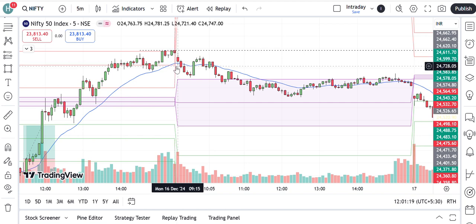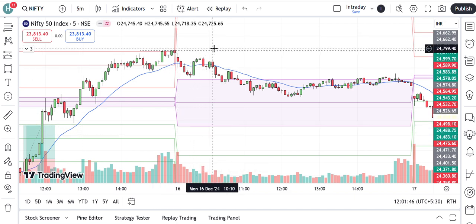Now, first candle no trade, and it is not on the supply zone either, so there is no trade unless the PDH is broken here, or even if the low of the first candle is broken, there is no trade because immediately there is the CPR. Experienced people will analyze from the first candle that the market is not going to do much today unless the CPR bottom or this top is broken.